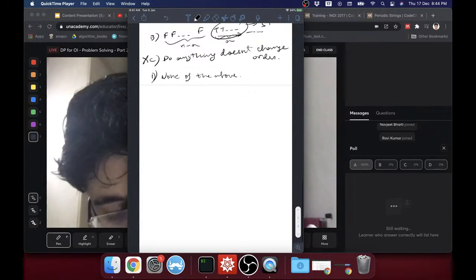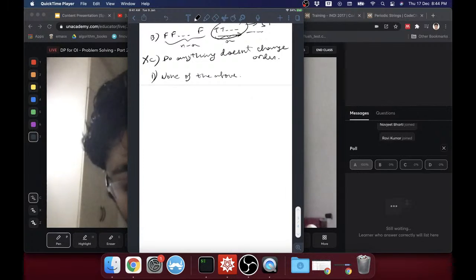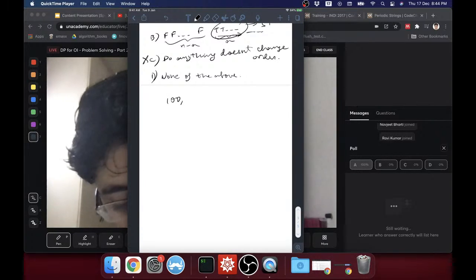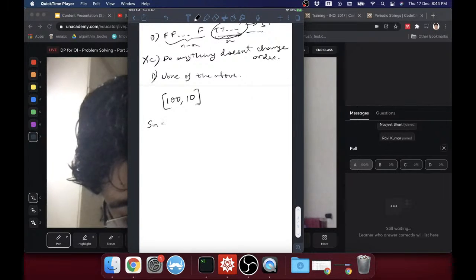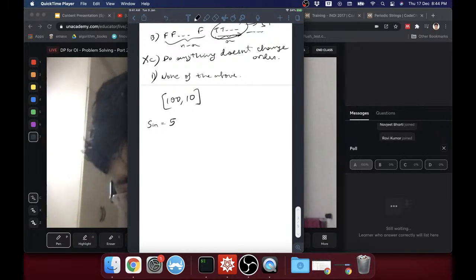Well, take an example. The first value is 100, the second value is 10, your initial strength is 5, right? Okay, let's say first is 10, second is 2. Now you might think that one option is fight.